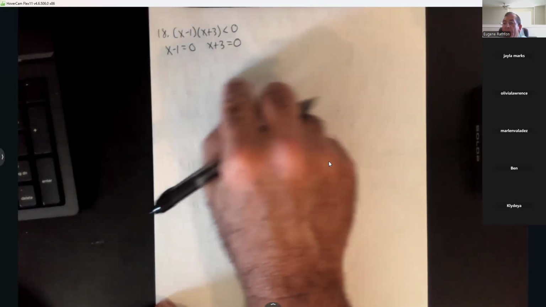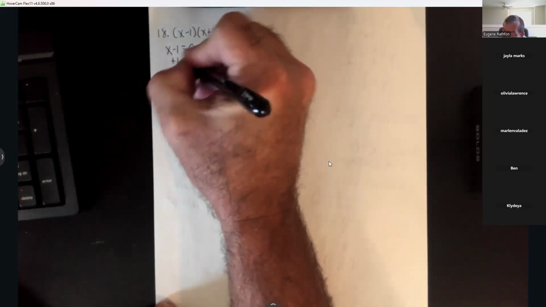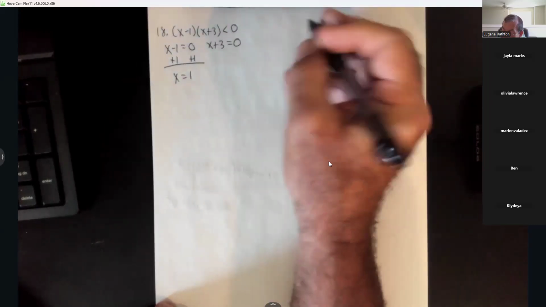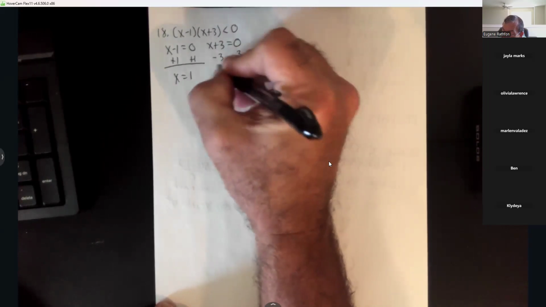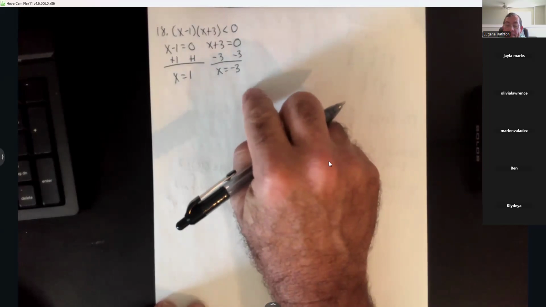Solve this, and then I'm going to set up my little number line, okay? The first one, add 1 to both sides, and you'll get x equals 1. And the second one here, I would subtract 3 from both sides and get x equals negative 3.